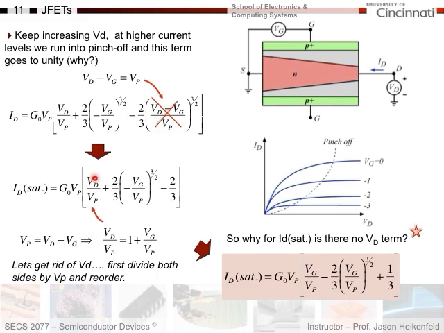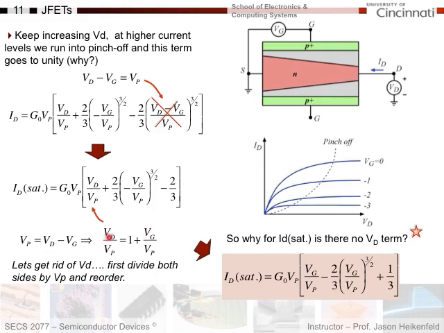If I look at this, to get rid of this term, I know my pinch-off voltage is equal to VD minus VG. That's the voltage at which I pinch off the channel, the point where VD and VG have the difference to do so. So I'll reorder this and divide both sides of this equation by VP.